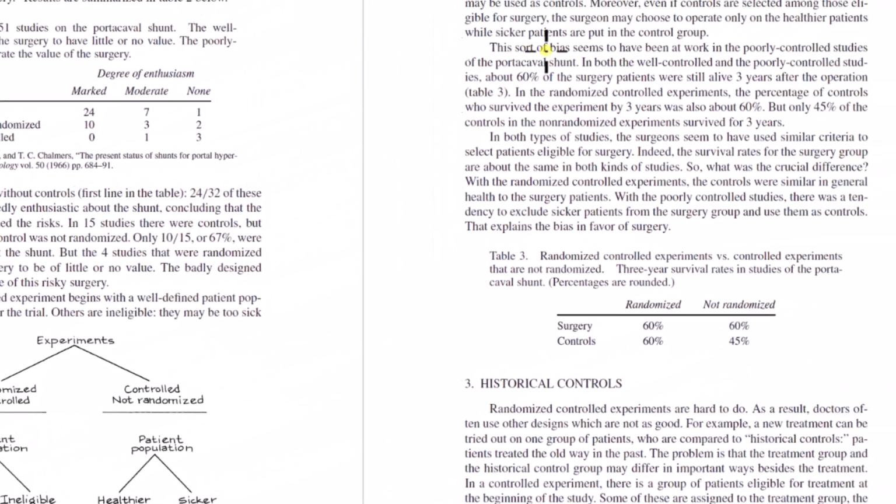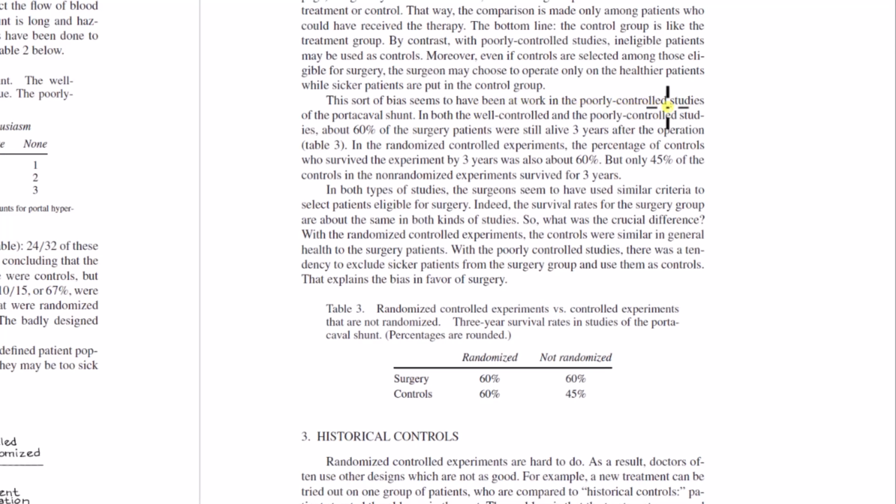So it says this sort of bias seems to have been at work in the poorly controlled studies. It says in both the well-controlled and poorly controlled studies, about 60% of the surgery patients were still alive 3 years after the operation. In the randomized controlled experiments, the percentage of controls who survived by 3 years was also about 60%, but only 45% of the controls in the non-randomized experiments survived for 3 years.